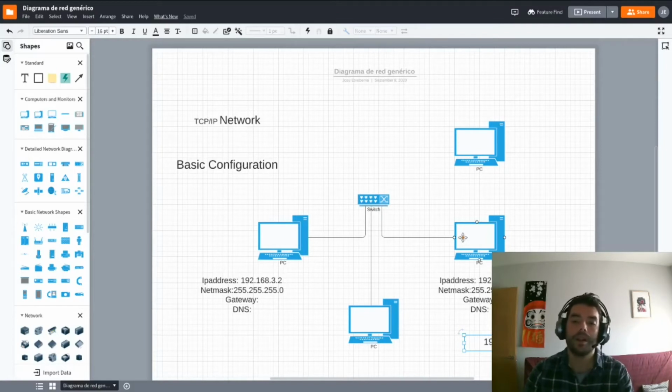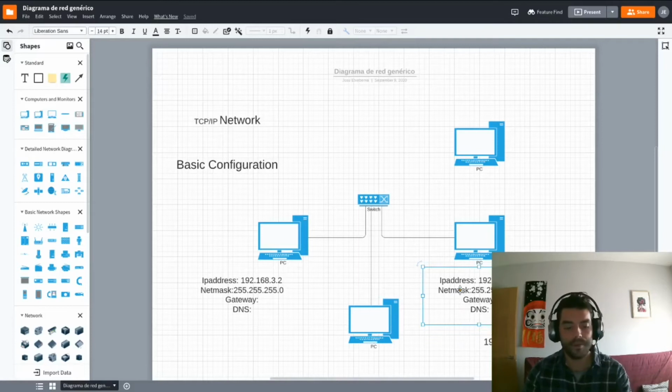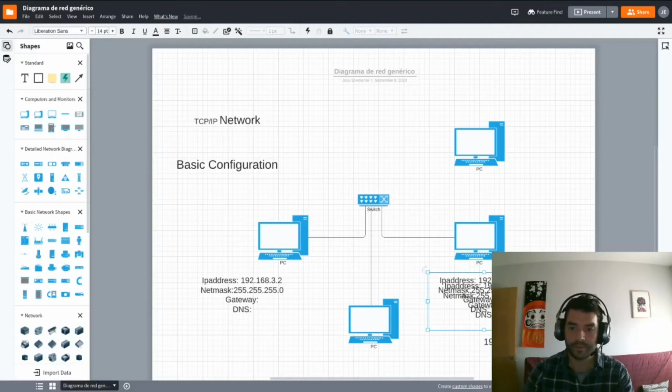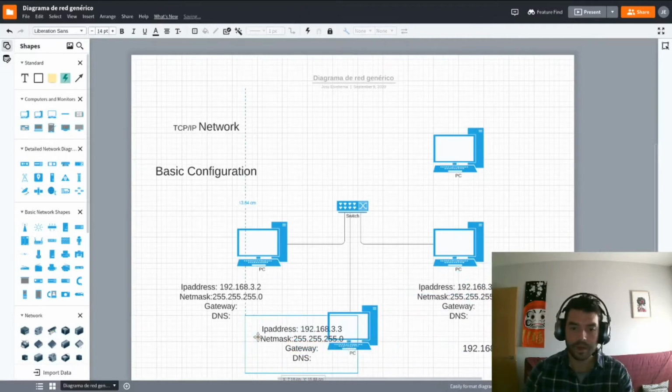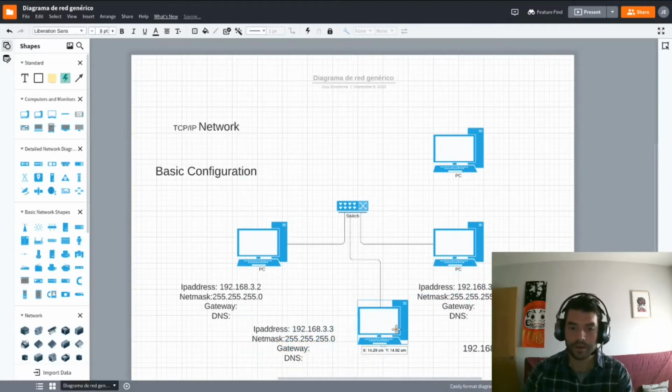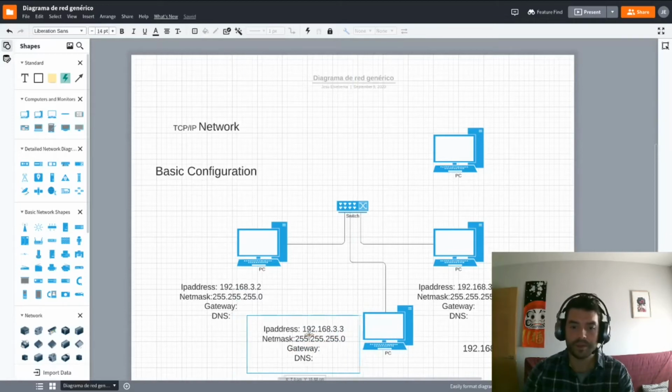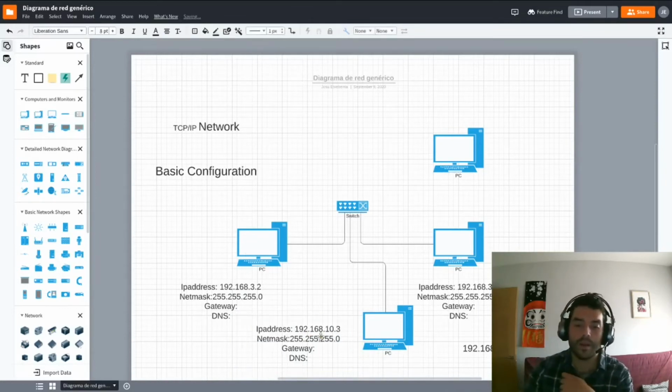So what else? Here we have another computer. If the network configuration is different, okay, you see here the network configuration is, for example, if we change this number, this one is going to be from the 192.168.10.0 network.